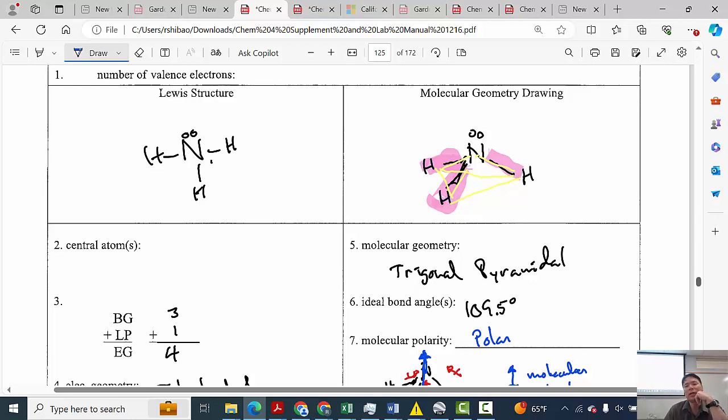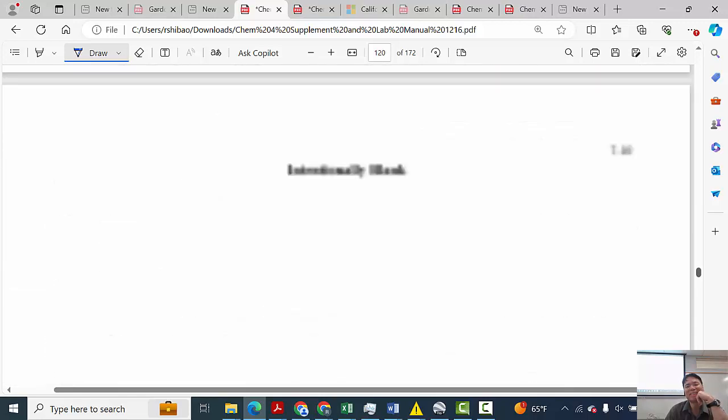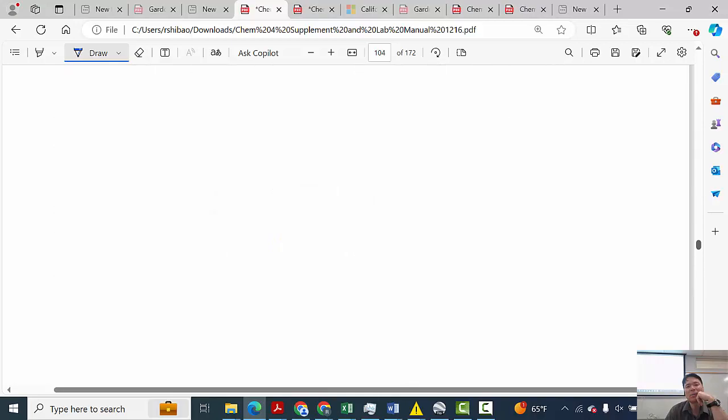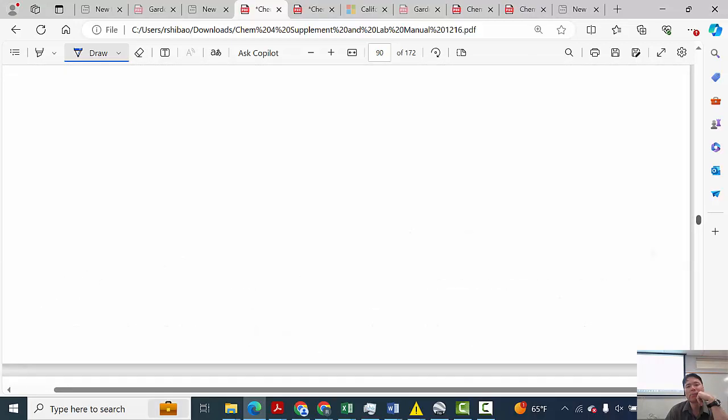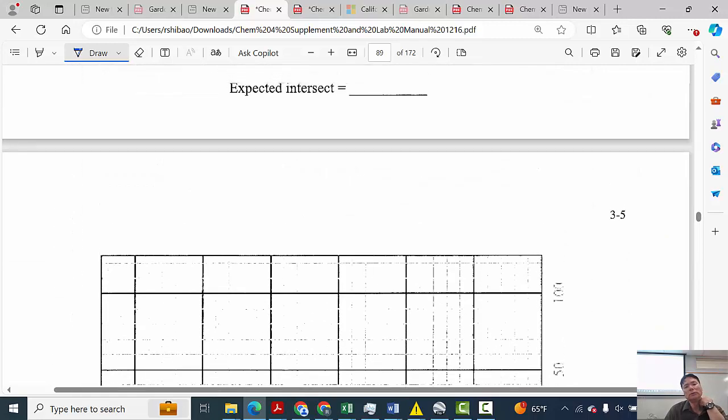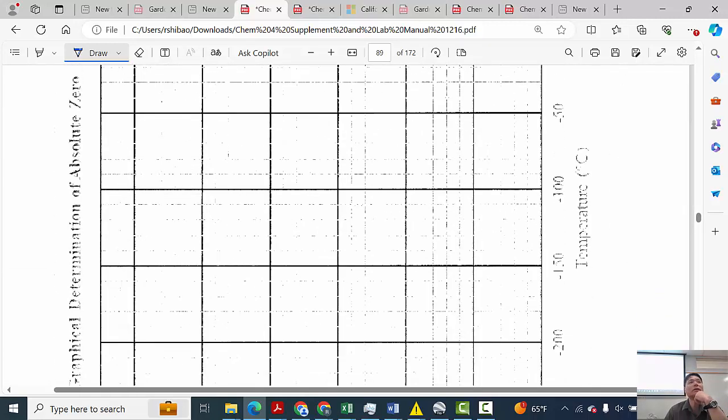The other thing we're going to do today is go back and take a look at this experiment. Do you remember this graph here? What we're going to do is, you graphed this by hand, and I checked those.